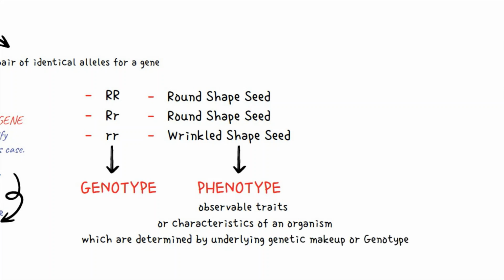If we talk further about alleles, then alleles may have two types. It can be dominant and it can be recessive. We have plant that produce round shaped seeds, and this plant have two identical copies for a gene, and due to the presence of these alleles they produce round shaped seed.